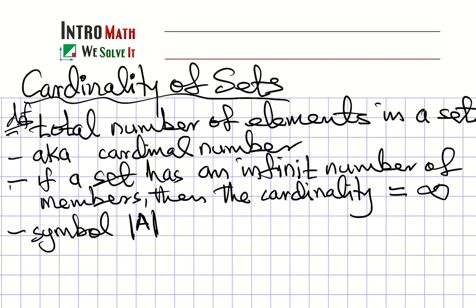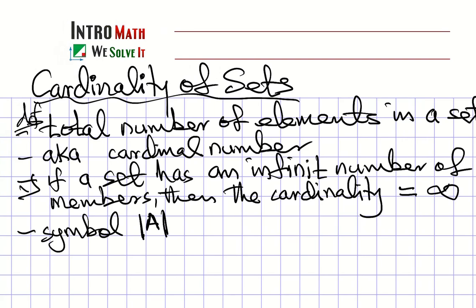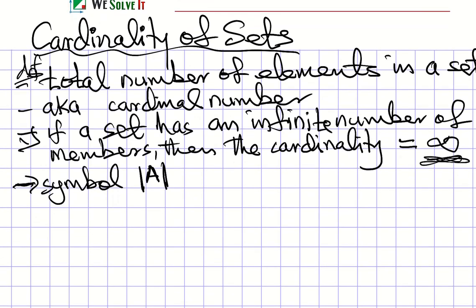Note here, if a set has an infinite number of members, then the cardinality will be infinity, right? And here is the symbol of cardinality. The symbol is two lines. You put the set between two lines. It looks like the symbol of absolute value, but it's the symbol they use.